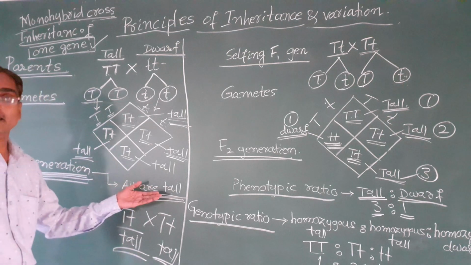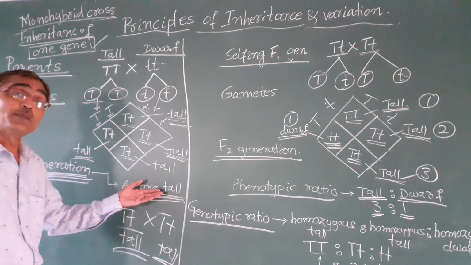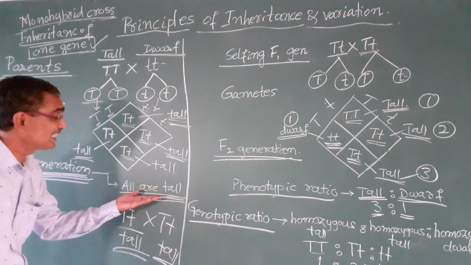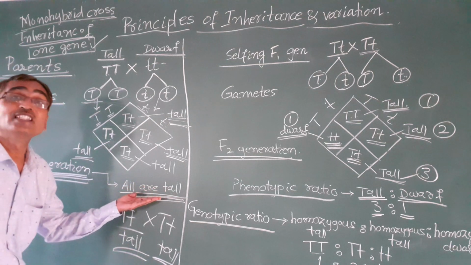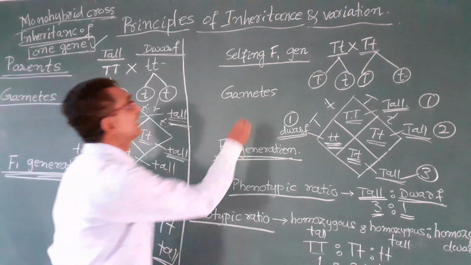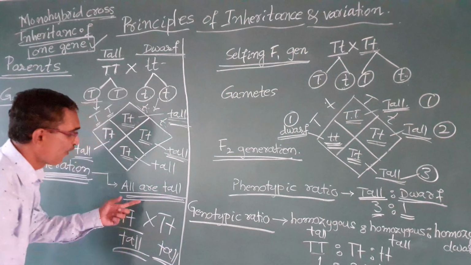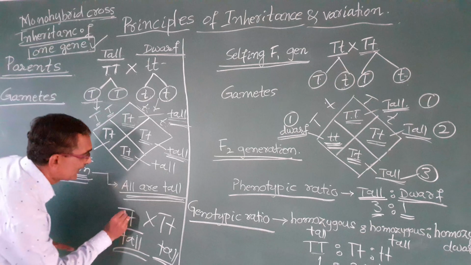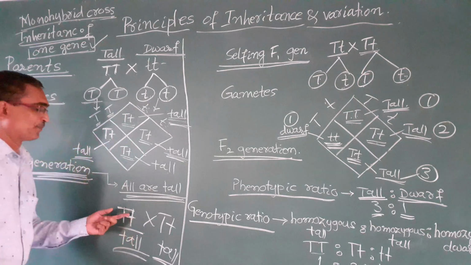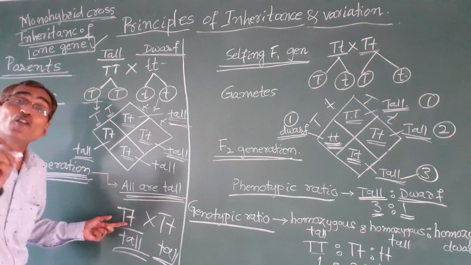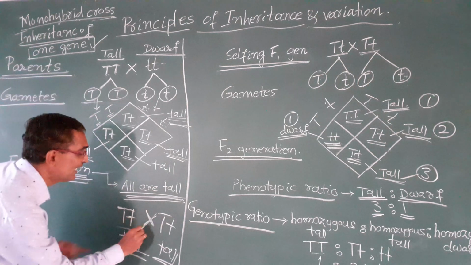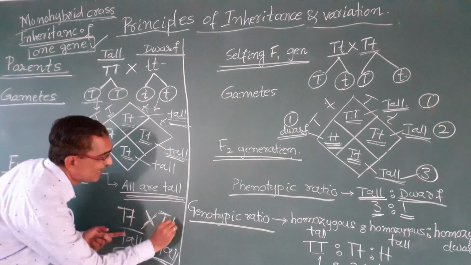Next, Gregor John Mendel selfed the F1 generation. That means what we get in the F1 generation is capital T and small t. Selfing means a self cross, that is, crossing with the same, capital T and small t.